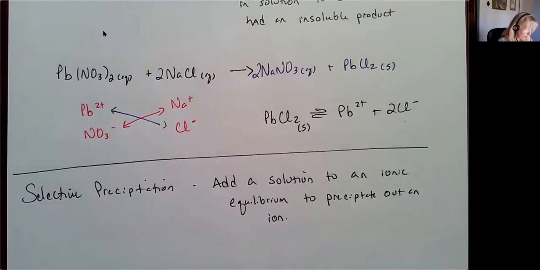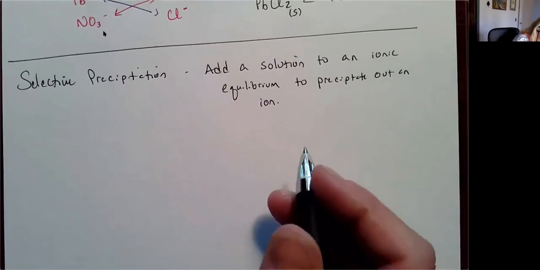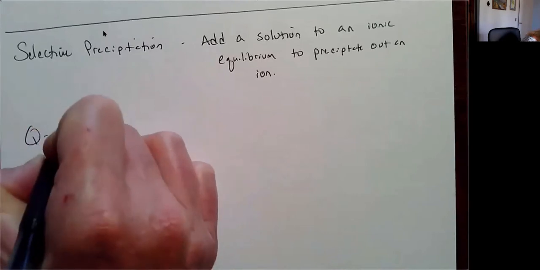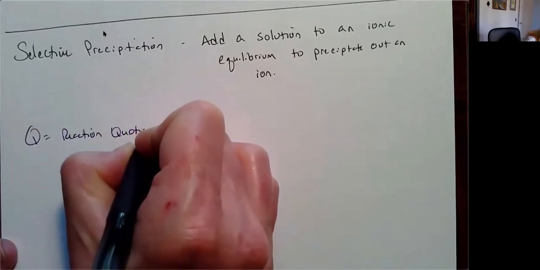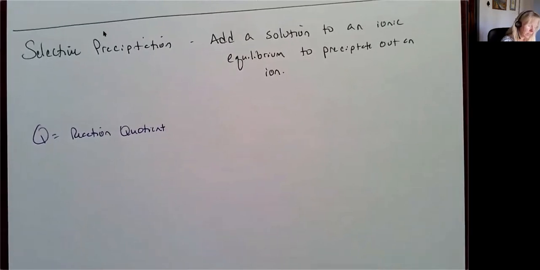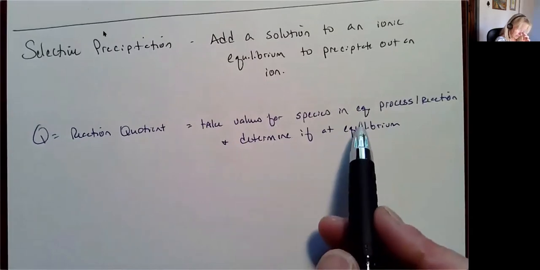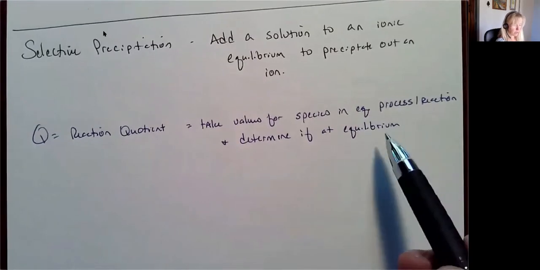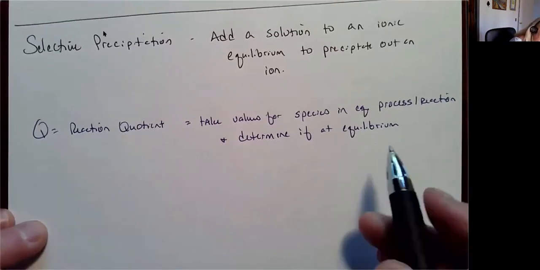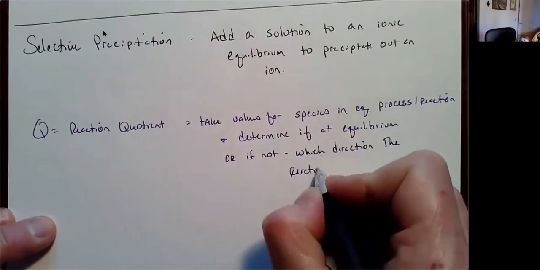So how do I know how much I need? I'm going to go back, and before we start this, I'm going to talk about Q and K again. So remember, Q is our reaction quotient, and I told you that it's going to come into play throughout all these equilibrium scenarios because Q allows you to take values for species, whatever substance you have in your equilibrium process or your equilibrium reaction, and determine if it's at equilibrium, or if not, which direction the reaction is going, right?